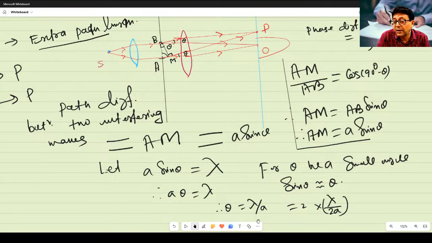Okay? Since theta is small, the diffraction angle is not very large. If the angle is large, then you will not see the diffraction phenomenon. For theta a small angle, that is when you take sin theta equal to theta, then theta will be lambda by a or 2 into lambda by 2a.